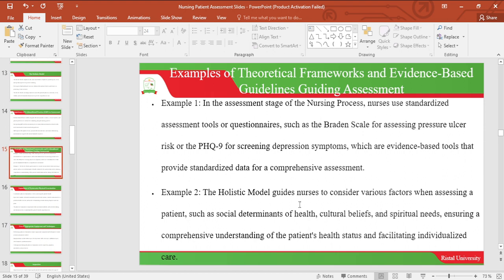The holistic model guides nurses to consider various factors when assessing patients, such as determinants of health, cultural beliefs, and spiritual needs, ensuring a comprehensive understanding of patients' health status, and also it facilitates individualized care.